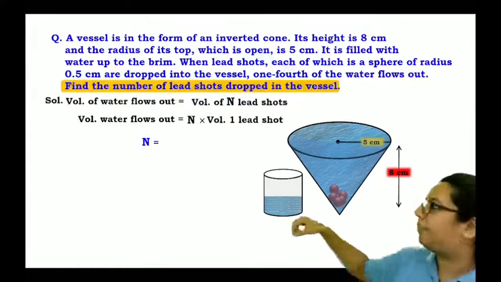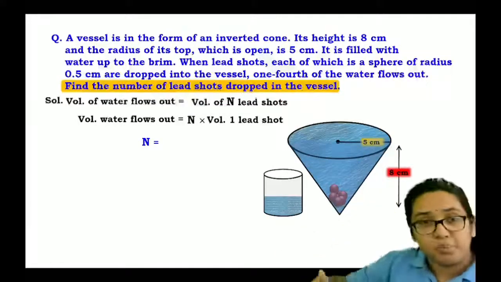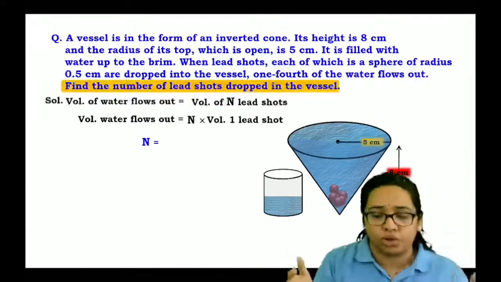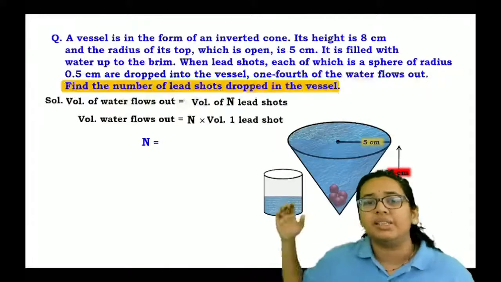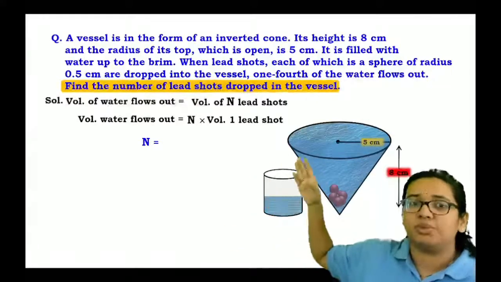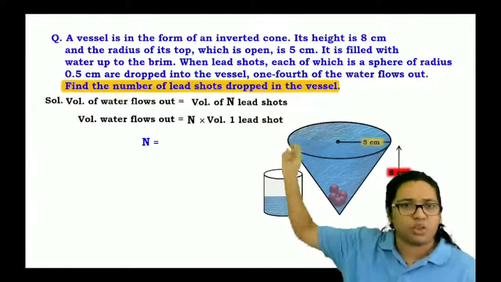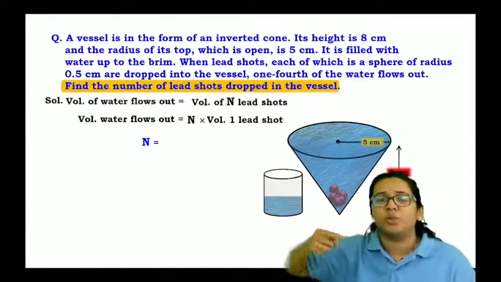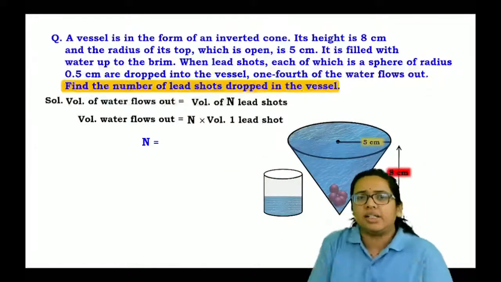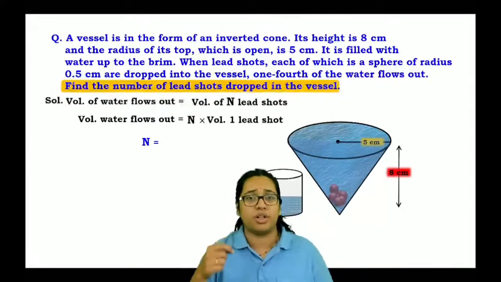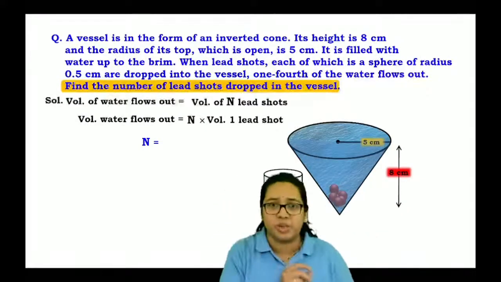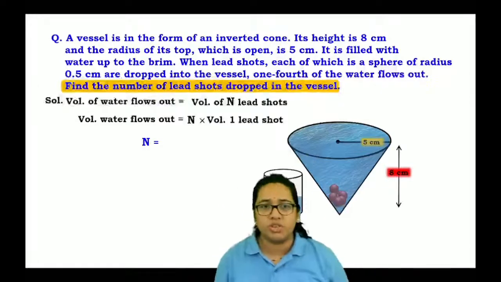If you submerge n shots, then volume of water that flows out is the same as n times the volume of one lead shot, and clearly it will be of this sphere whose radius was given.